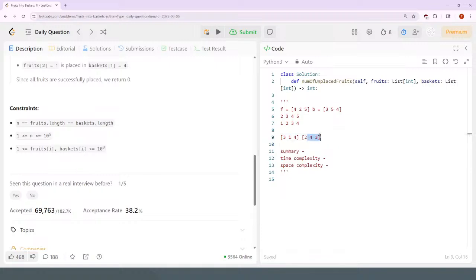Okay, so if I remap here, I think I might be able to remap based on strictly the values in fruits rather than the values in fruits and baskets.